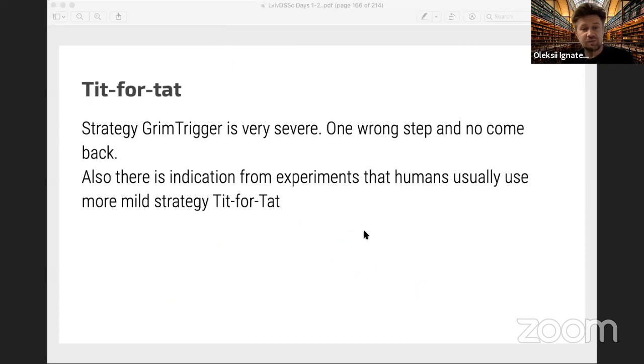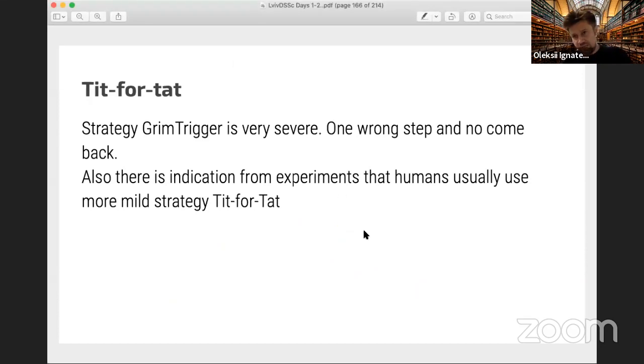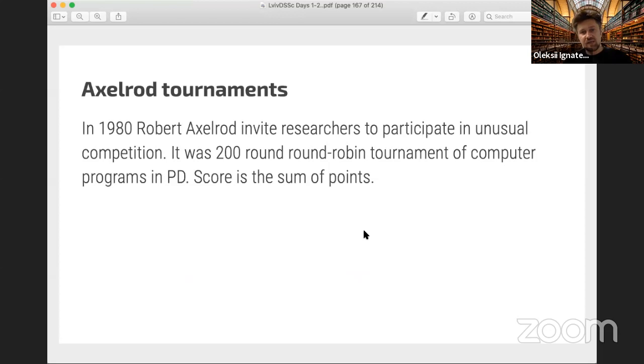And why did tit for tat become so famous? The strange thing is that tit for tat is actually not an equilibrium strategy. It's not a subgame perfect Nash equilibrium, but it's a weak equilibrium in some sense. So in the 1980s, Robert Axelrod, a very prominent computer science specialist and game theorist, invited researchers to participate in a very unusual competition.